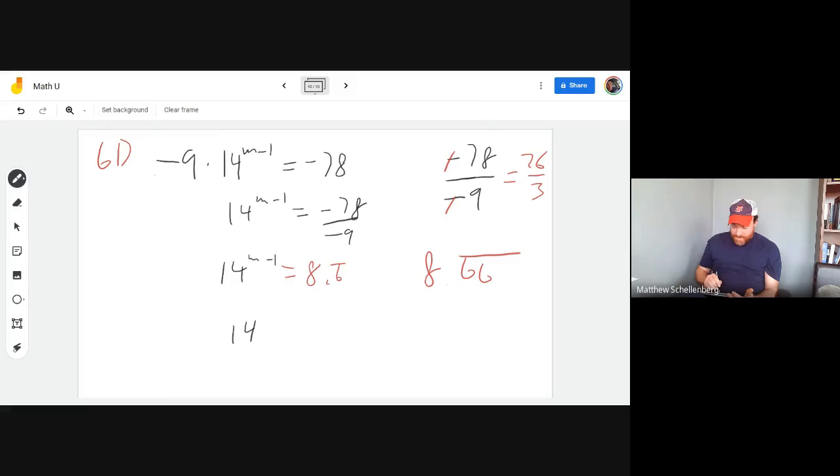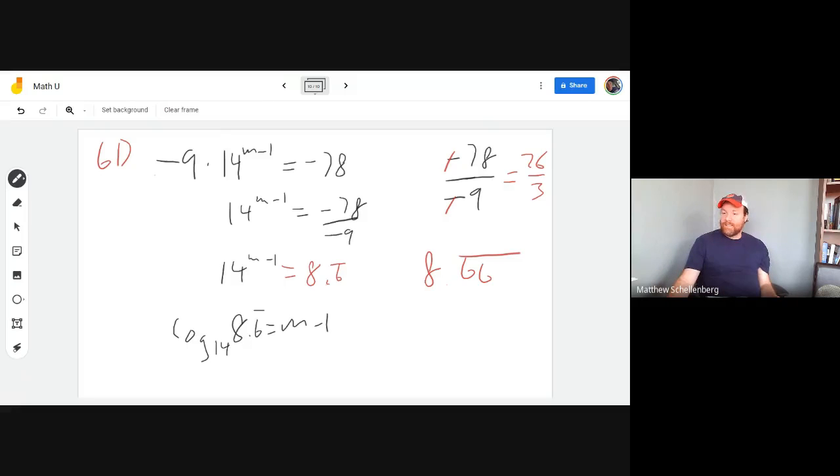So this means that the base is 14. The log of 14 to some power, which is m minus 1, equals 8.6 repeating. And I can actually find that number and then add 1.